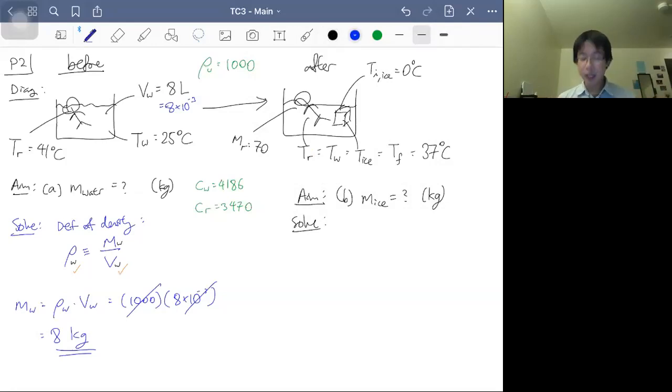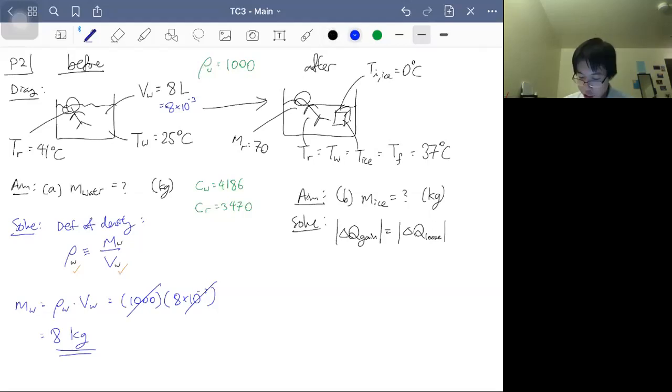Maybe the relevant equation that comes to mind is Q, the change of heat, is mc delta T, right? So you'll probably recognize this as a heat loss, heat gain type of problem. So we can start, right? The absolute value of the heat gain must equal the amount of heat lost.